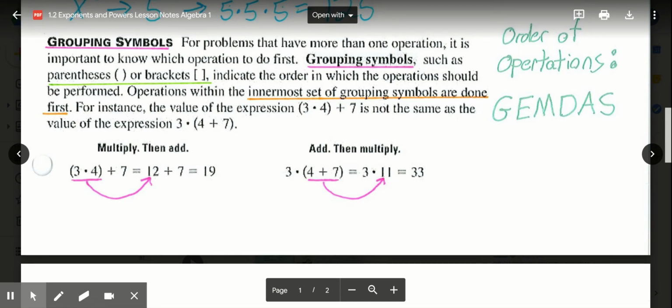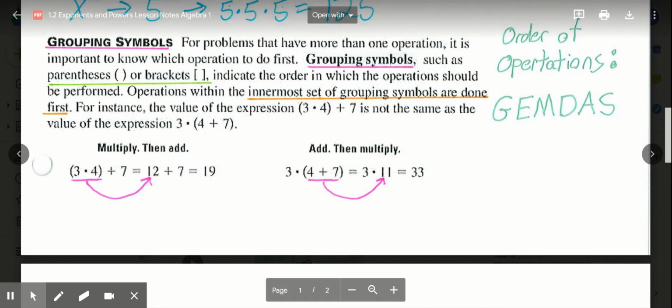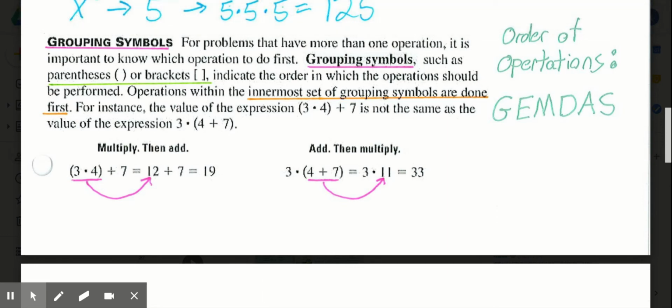So for instance, if we were looking at this expression, 3 times 4 in parentheses plus 7, that would not give us the same value as 3 times, and then in parentheses 4 plus 7. So the grouping symbols tell us which operation to do first. And if there's more than one set of grouping symbols, you work your way from innermost to the outside.